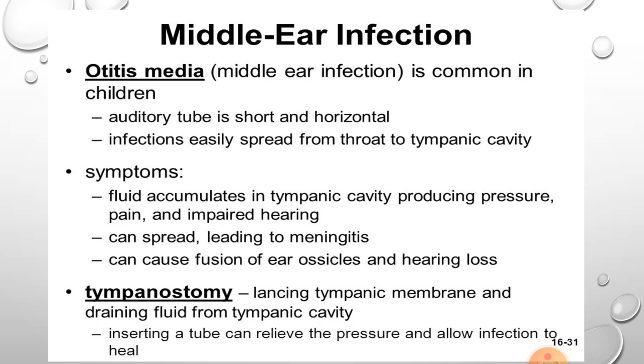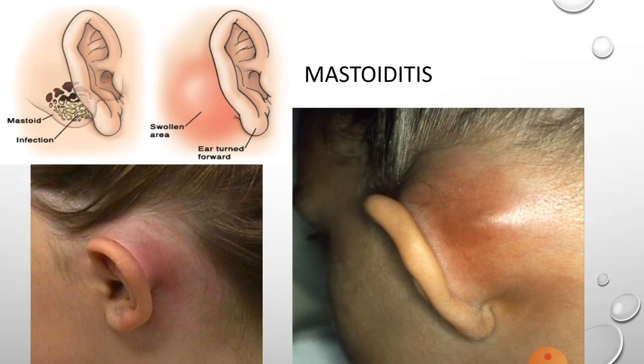I already discussed this, that otitis media is more common in children because the auditory tube is short and horizontal, and infections can easily spread from the throat to the tympanic cavity.